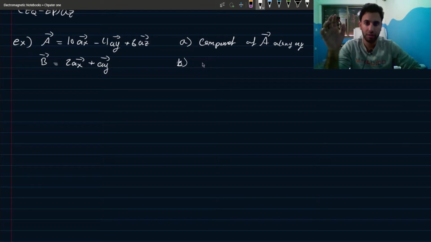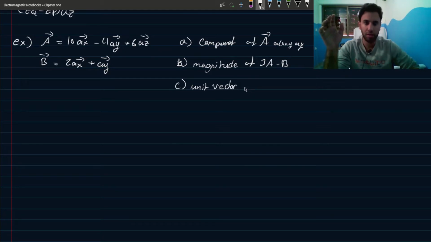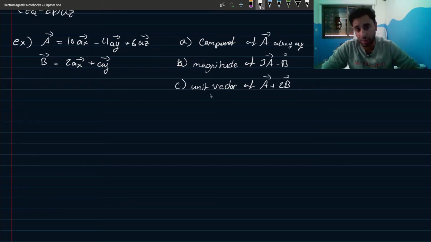B, the magnitude of 3A minus B. And for C, the unit vector of A plus 2B. Don't forget the vector sign. It is important.